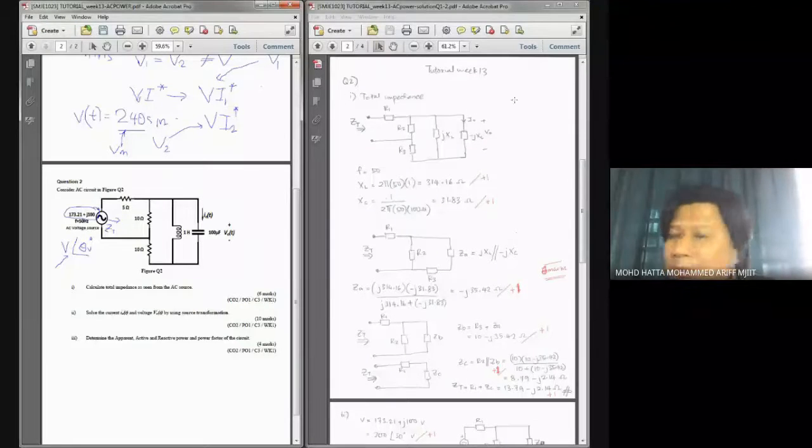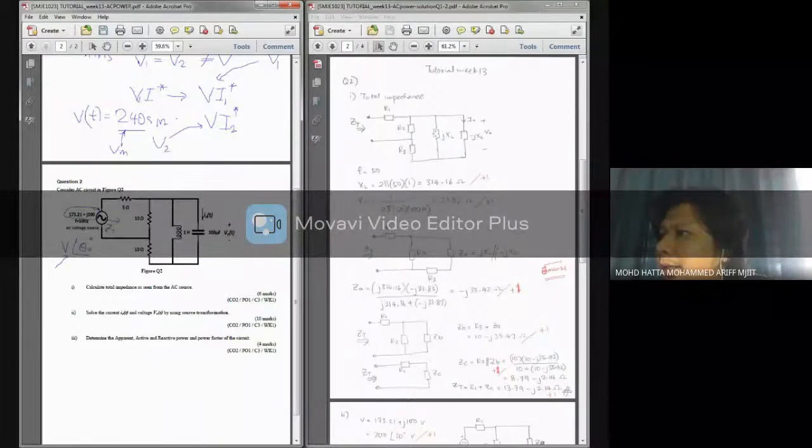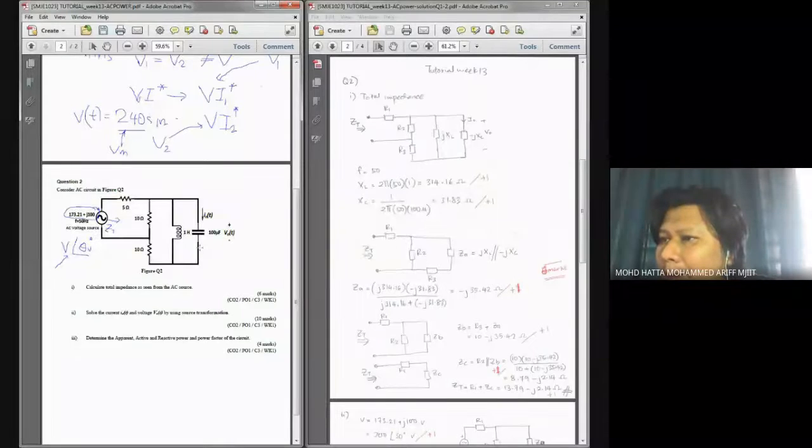I simplify my circuit as seen over here. So I have these two, jXL and also negative jXC, connected in parallel. Before that, the components inside our circuit were given in their original values.